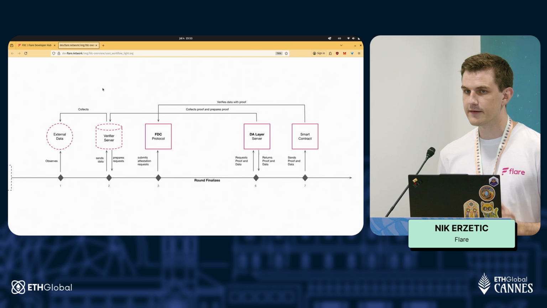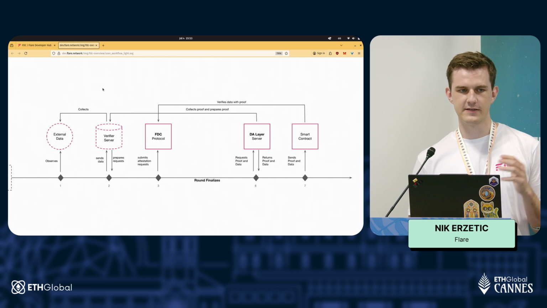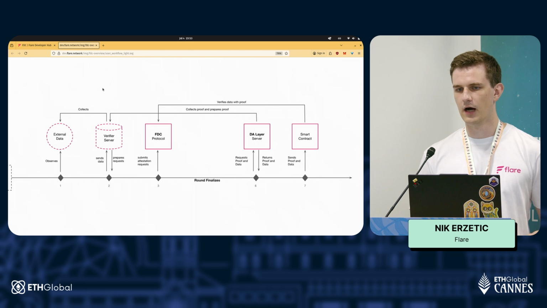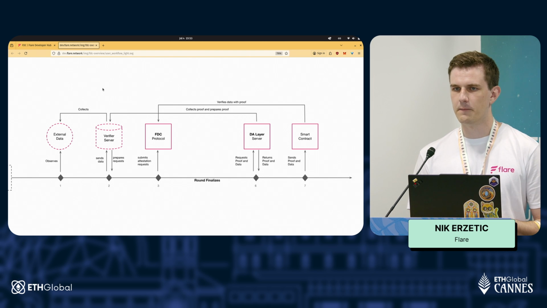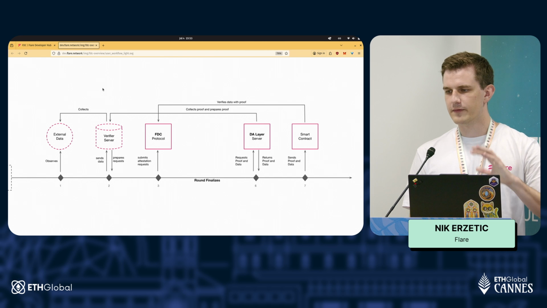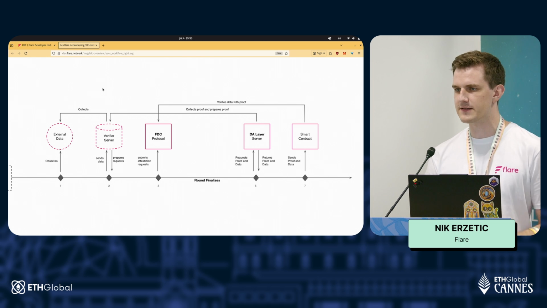Once you have that, you submit the attestation request to the FDC protocol through the FDC hub contract, which lives on the Flare chains. And then you need to wait for the voting round to finalize. So the voting round finalizes in at most 180 seconds.